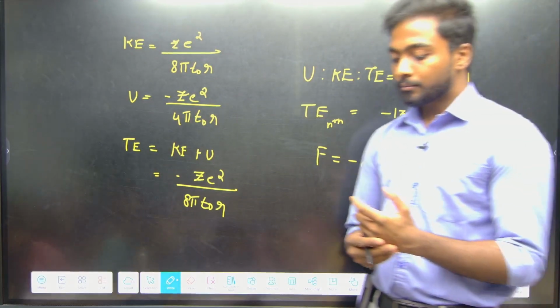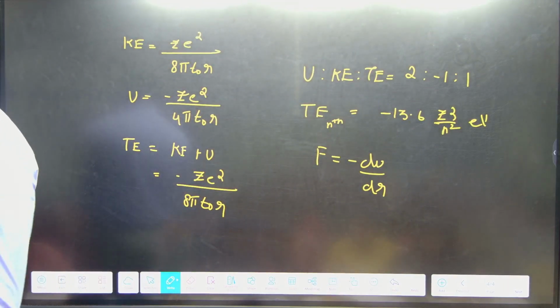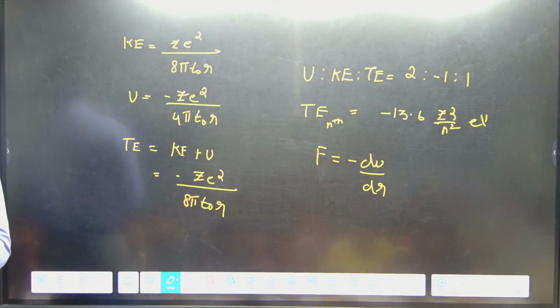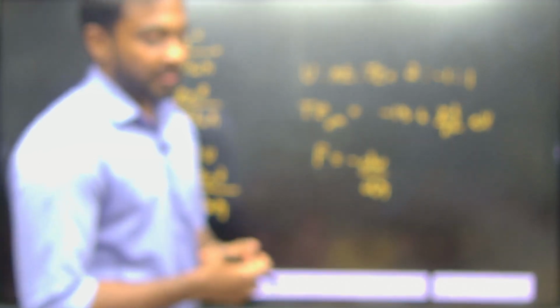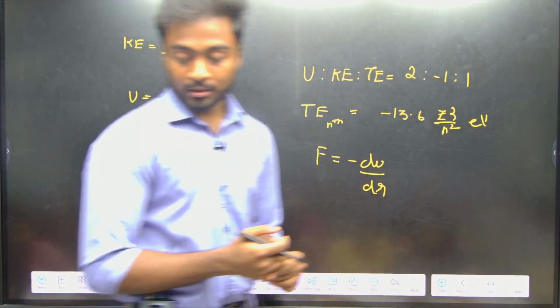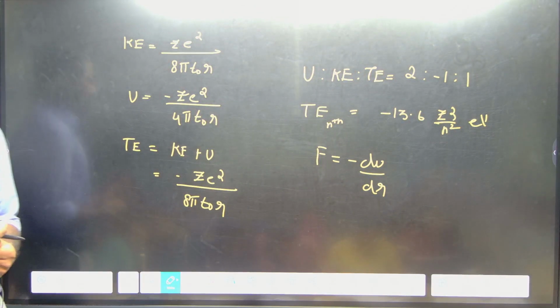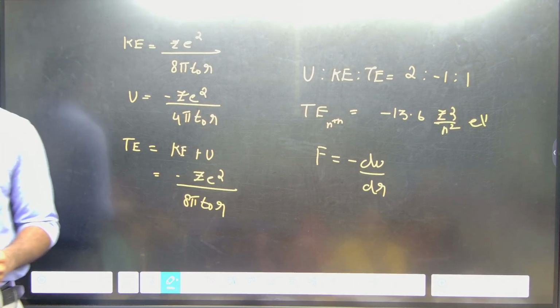The next point, the kinetic energy of the nth orbit is equal to plus 13.6 z square by n square.